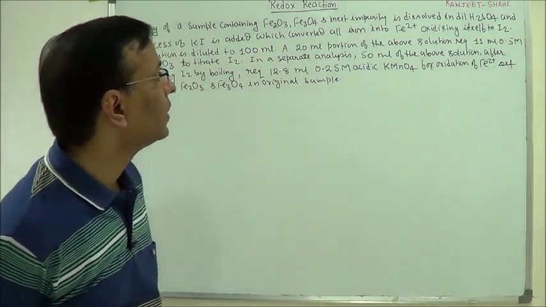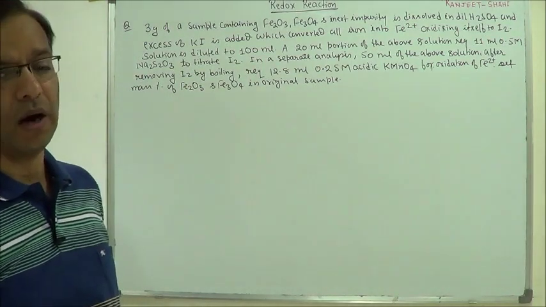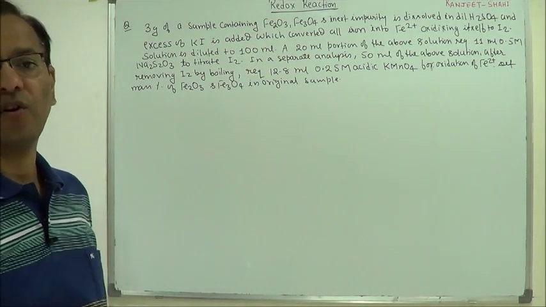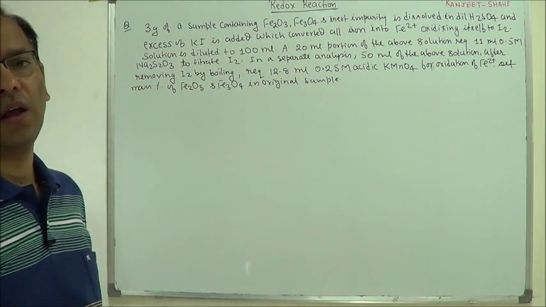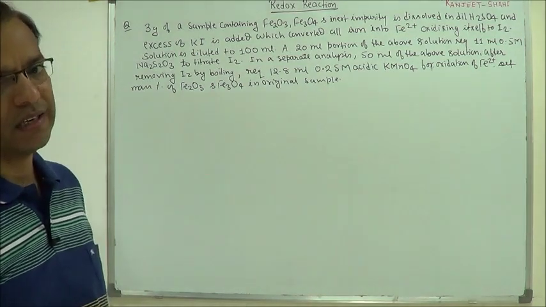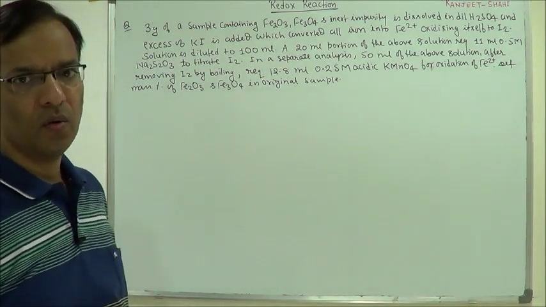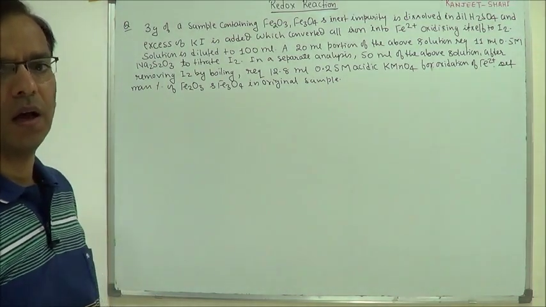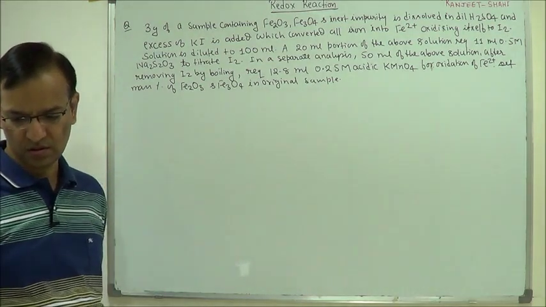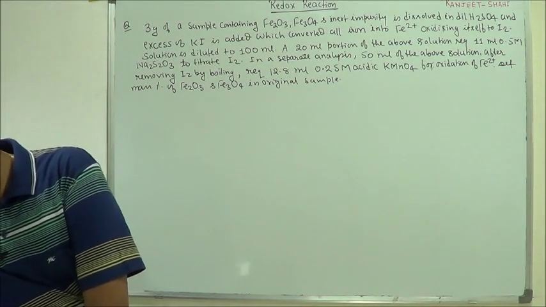We dissolved this sample in dilute sulfuric acid and treated it with potassium iodide, which is a reducing agent, and it reduced all iron of the sample into ferrous ion, oxidizing itself into I2. By adding water, we diluted it to obtain 100 ml of a stock solution.